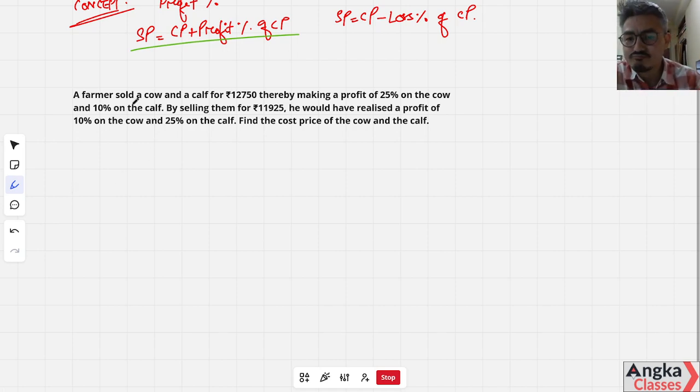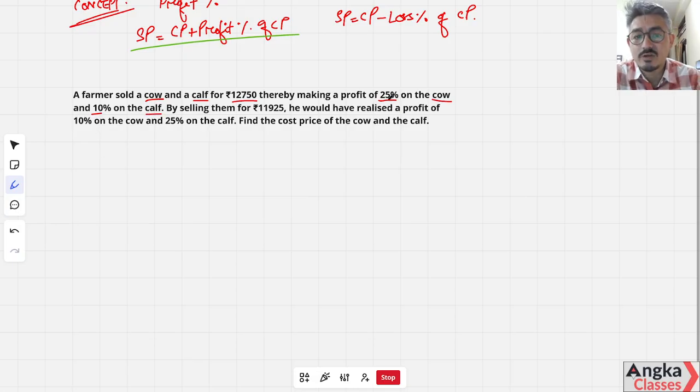Okay, so the question is: a farmer sold a cow and a calf for 12,750, thereby making a profit of 25% on the cow and 10% on the calf.